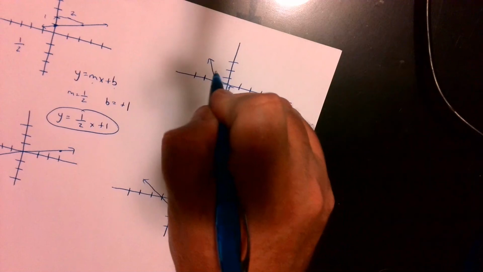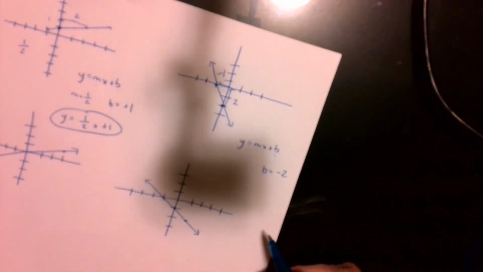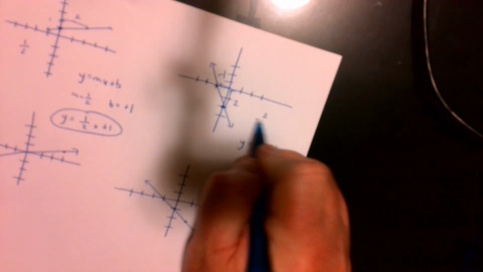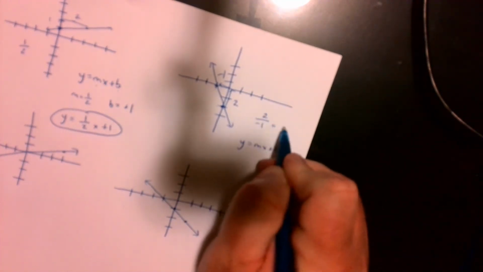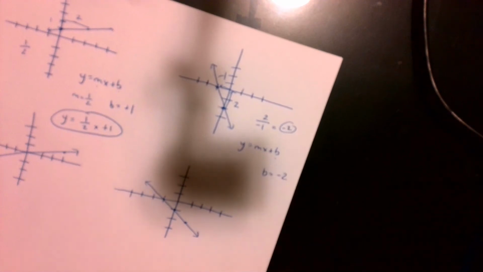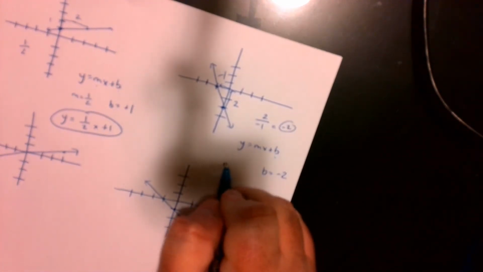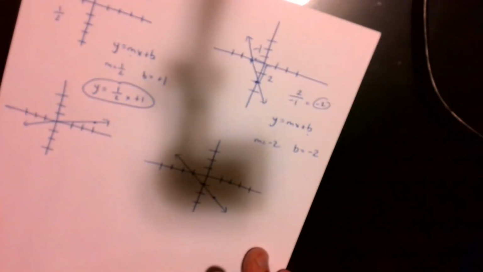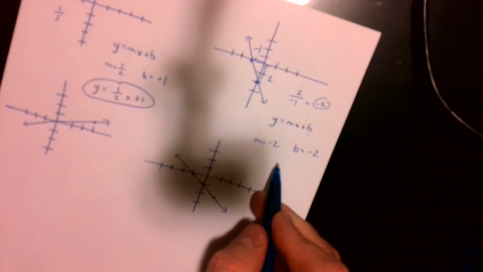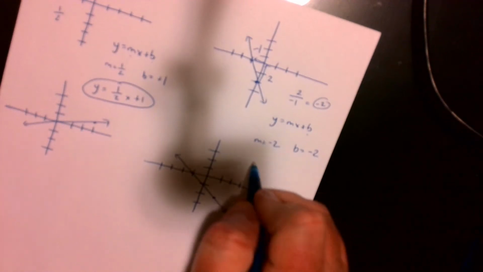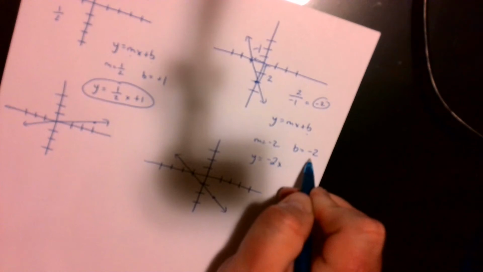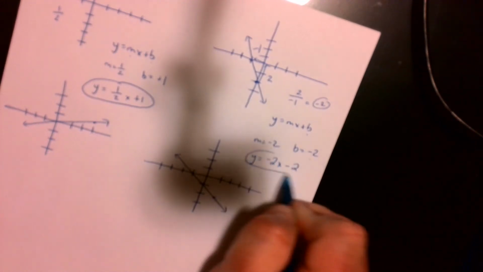I went left -1. Left is negative movement. So my slope here is 2/-1, or really just a -2 if you clean that up. So the m is -2. So our final answer, our equation, would turn out to be y equals -2x and then also minus 2 there as well. Okay?